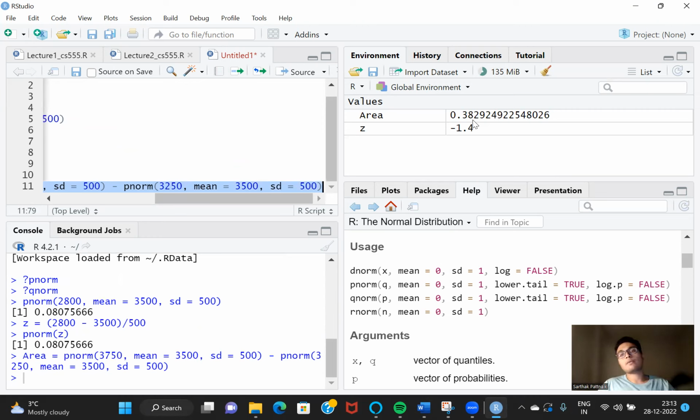So you're getting an area of about 38.29%. So you can say that about 38.29% of the babies lie between 3250 and 3750.